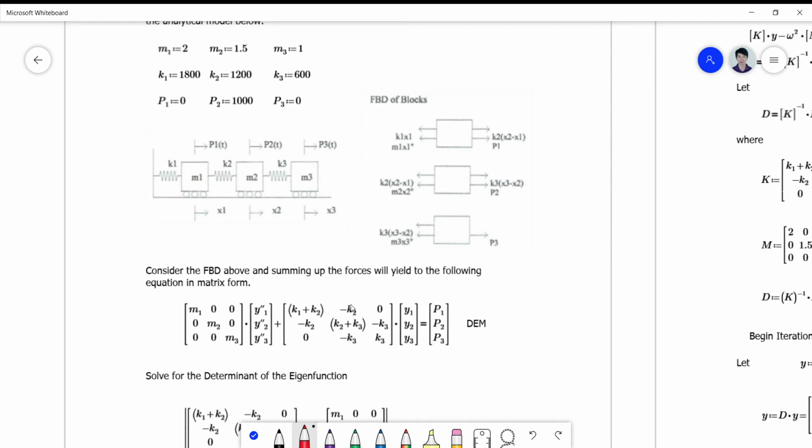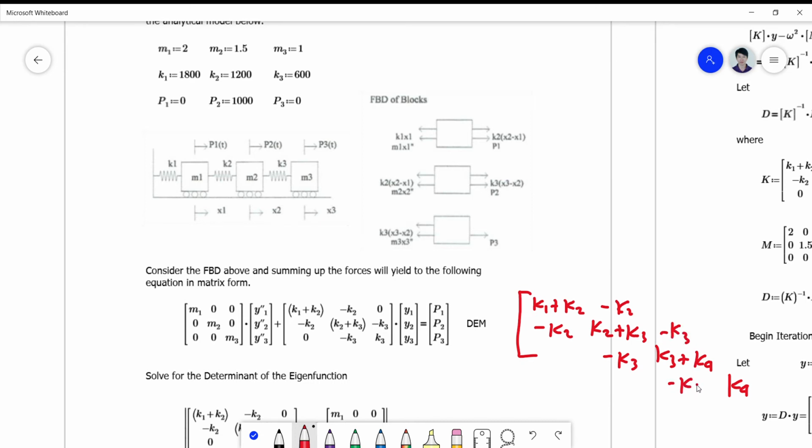So for a fourth degree of freedom system, you expect a very typical K1 plus K2, and then a K2 plus K3, and then a K3 plus K4, and a K4 term, no? Wherein your negative K2 here will complete the bandwidth of the matrix and make it diagonally symmetric. Okay, so negative K4 there.